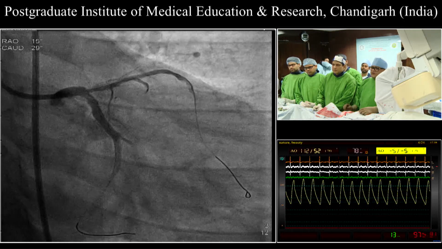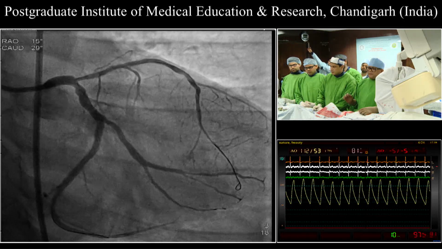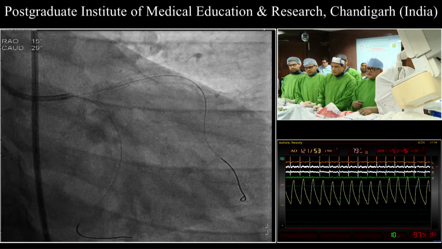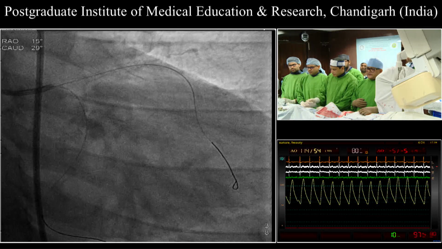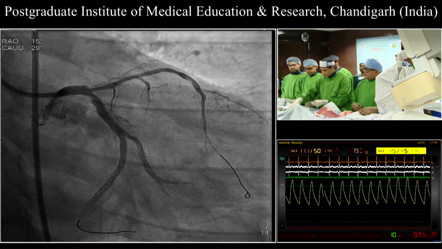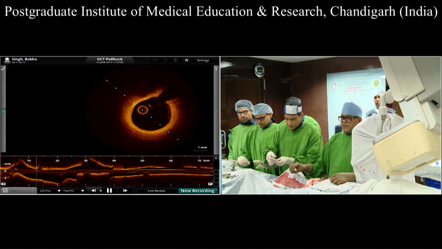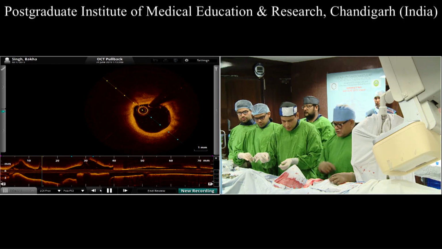So let's go ahead with imaging of the left main to LAD, and meanwhile, before going live, we have done the OCT imaging from left main to LCX. Can you run the OCT image for the LCX?